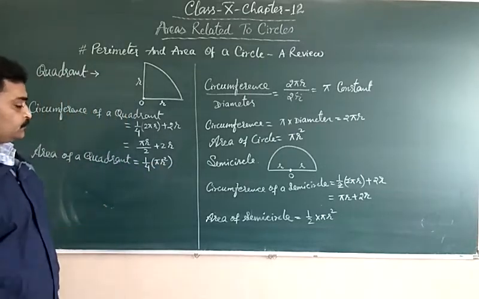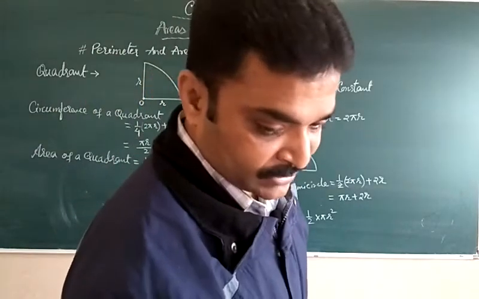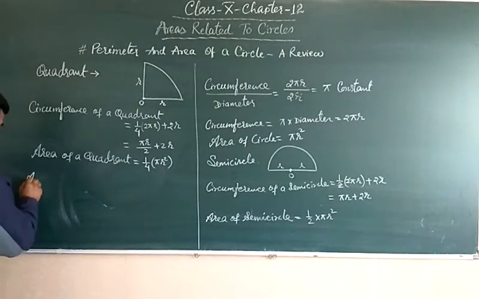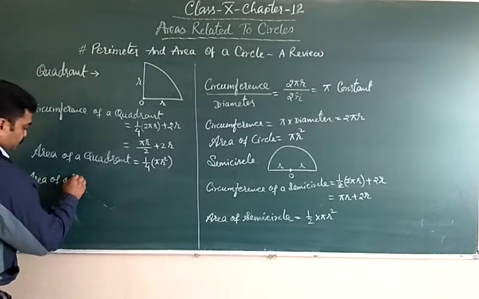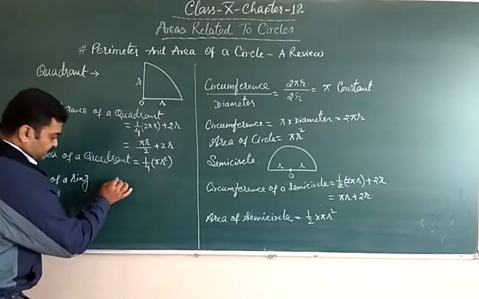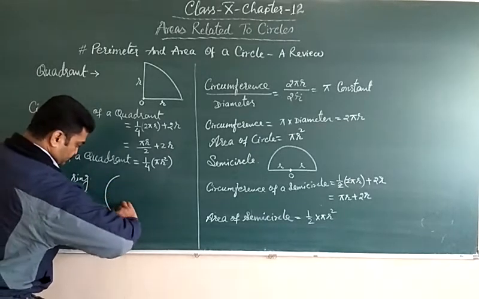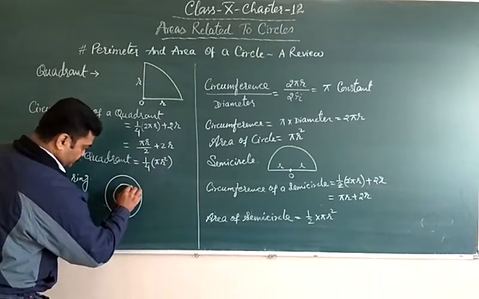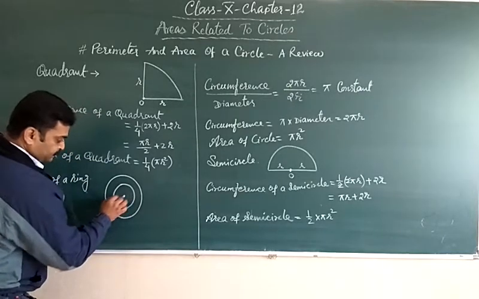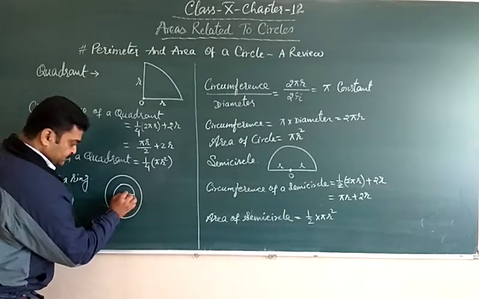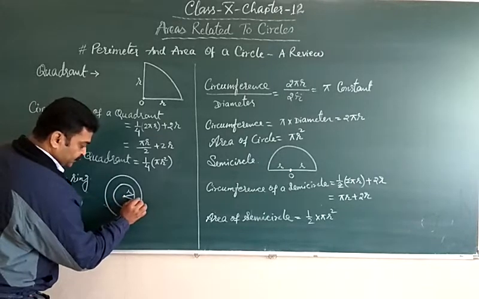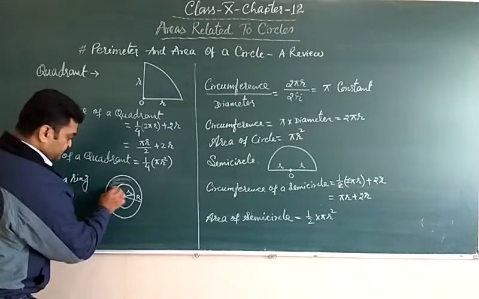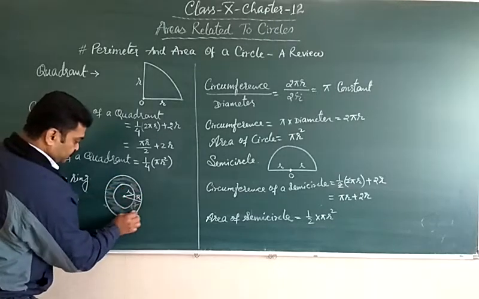Clear? Now, the next one is, what is the area of a ring? Suppose this is the center, this is the small radius r, and this is the bigger radius capital R. The area of the ring means this part.